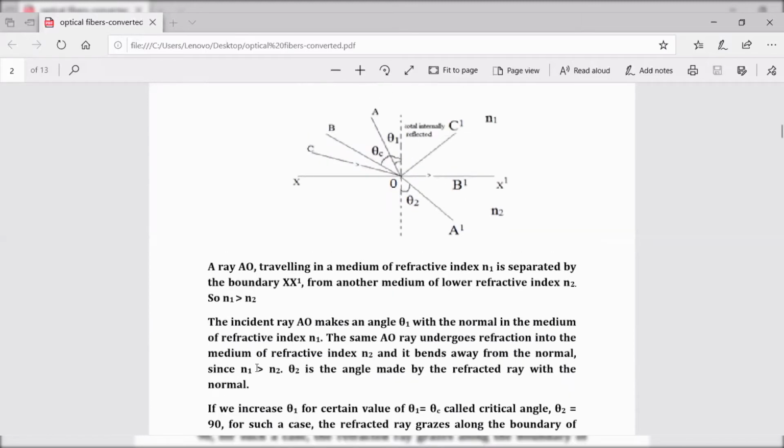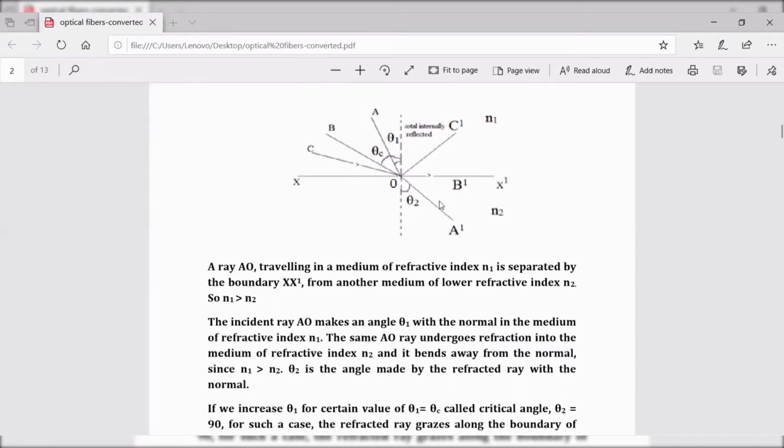Now, this incident ray AO makes an angle θ1 with the normal in the medium of refractive index n1. The same ray AO undergoes refraction into the medium of refractive index n2, and it bends away from the normal since n1 is greater than n2.